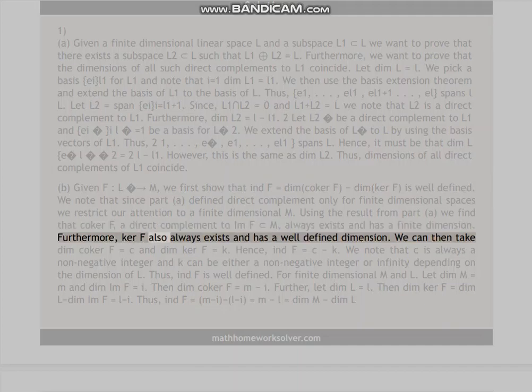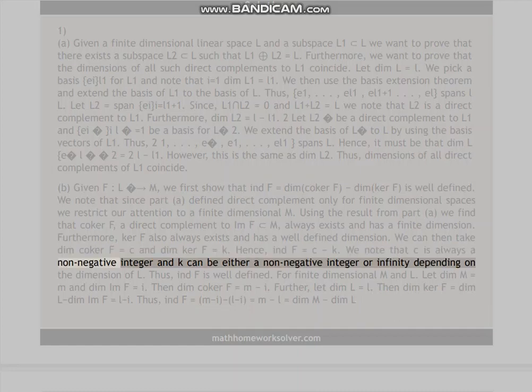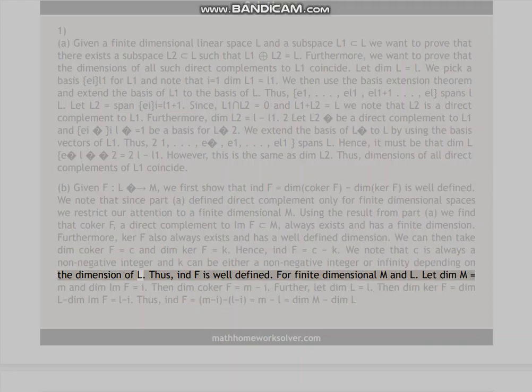Furthermore, Ker F also always exists and has a well-defined dimension. We can then take dim Coker F equals c and dim Ker F equals k. Hence, Ind F equals c minus k. We note that c is always a non-negative integer and k can be either a non-negative integer or infinity depending on the dimension of L. Thus, Ind F is well defined.